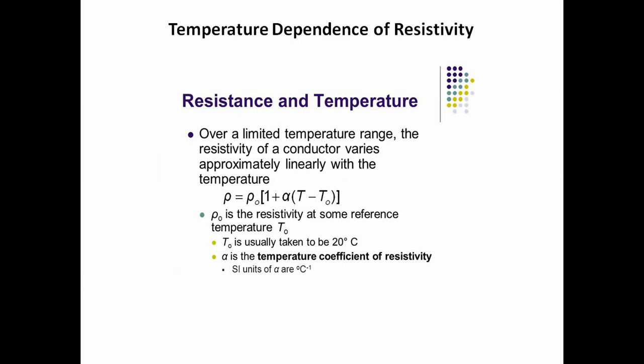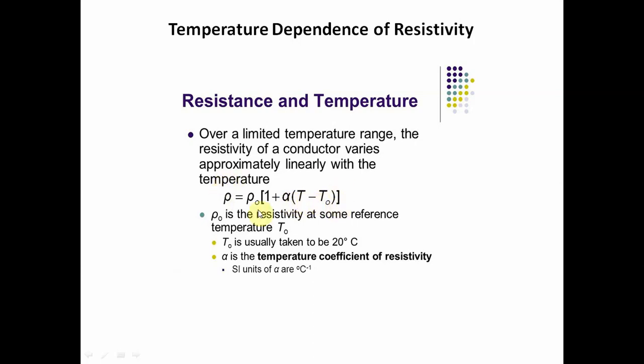Now let's talk about temperature dependence of resistivity. Same as in the case of resistance, we observe the same variation in resistivity also. Rho is equal to rho naught into 1 plus alpha into T minus T naught.